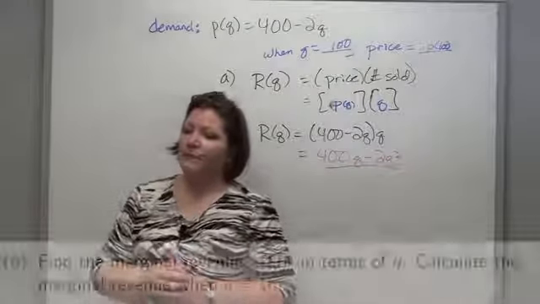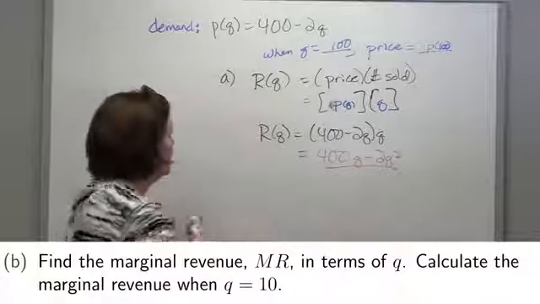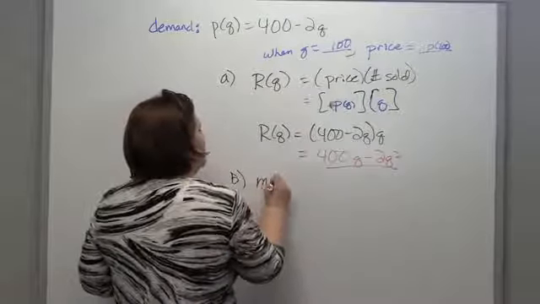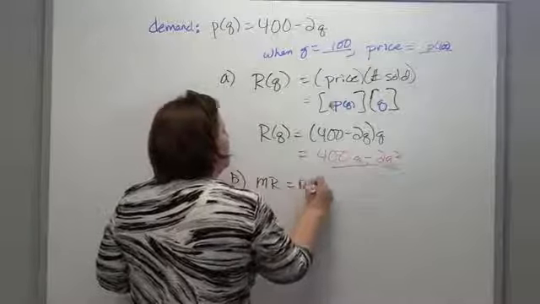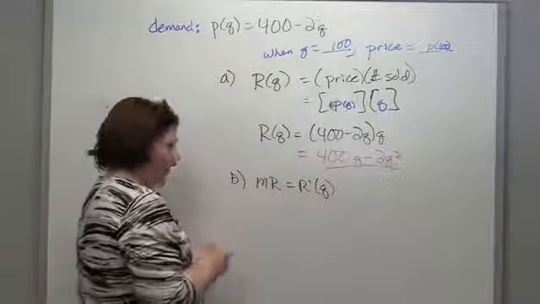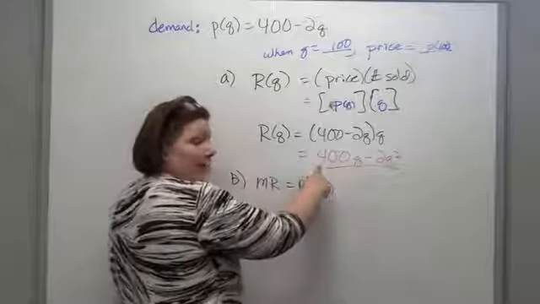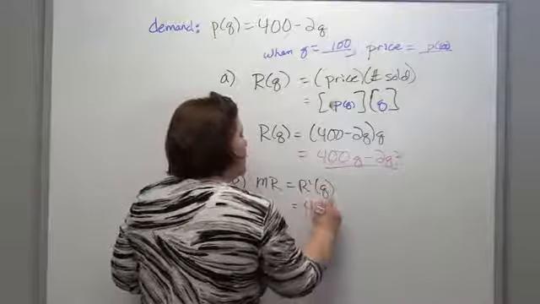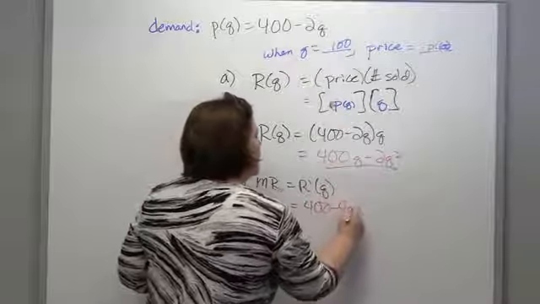Then we're asked to find the marginal revenue. Marginal revenue is a fancy name for the derivative of our revenue function. So now that we found a revenue function, we get that that is going to be 400 minus 4q.